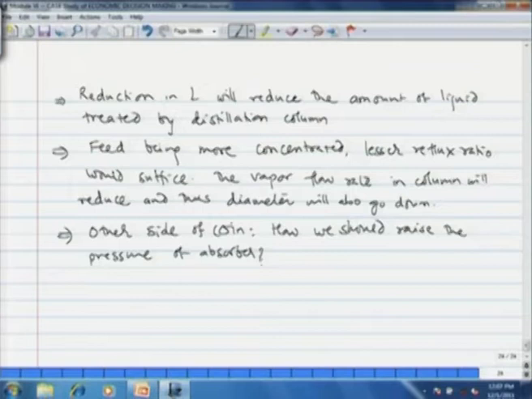If the waste gas stream is already available from the process at sufficiently high pressure, we can go for this option because we do not need additional effort to raise the pressure.